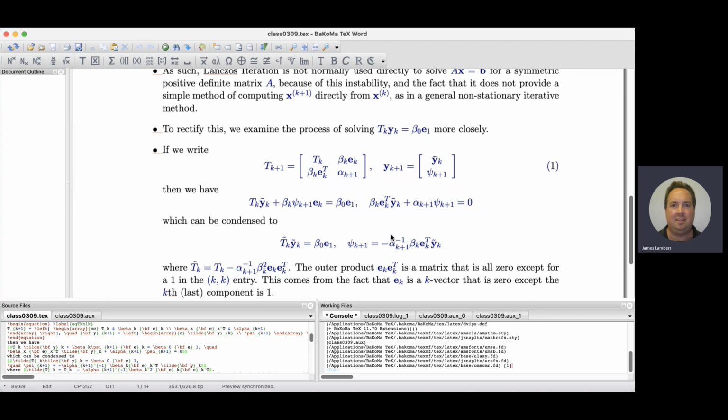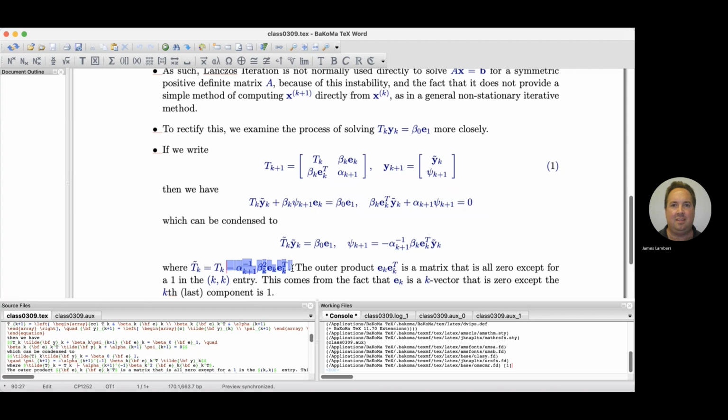So basically, I'm eliminating one unknown from the system of equations. By taking this formula for psi_{k+1} and substituting it in here, I get this system where the modified matrix T_k tilde is T_k minus this term.